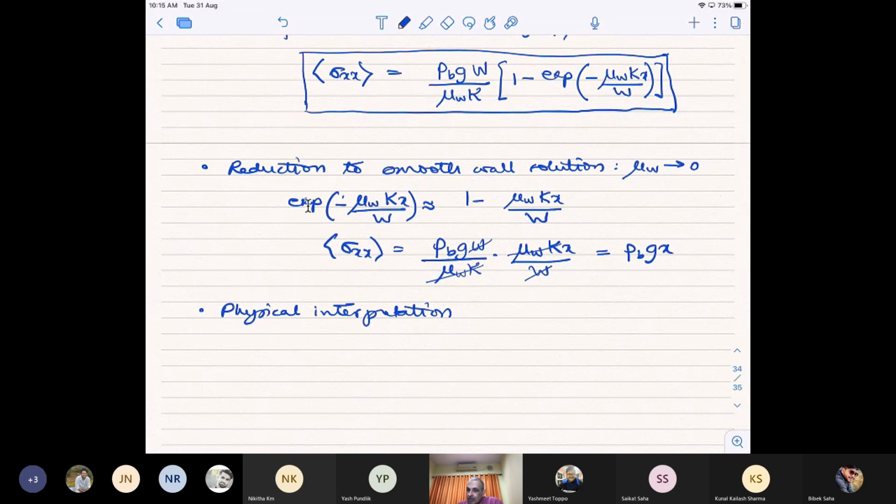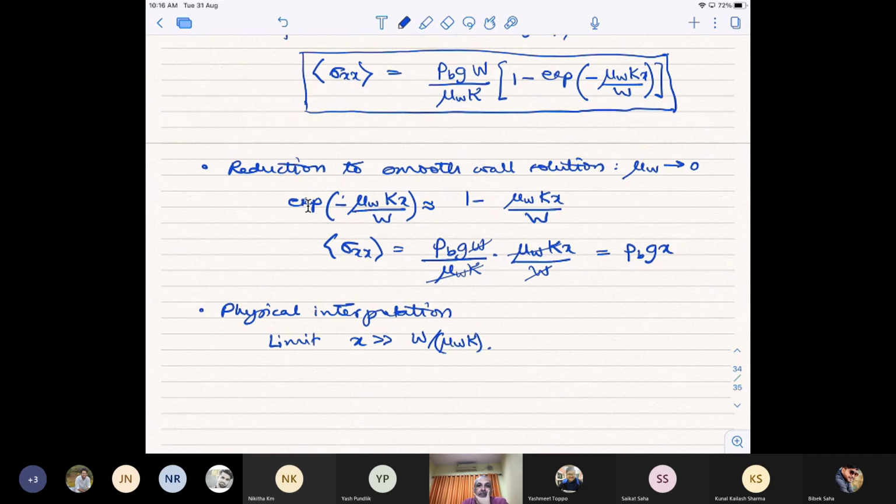So here, the interesting thing that I want to say is what happens in the limit x is much larger than w divided by mu w into k. What will happen?